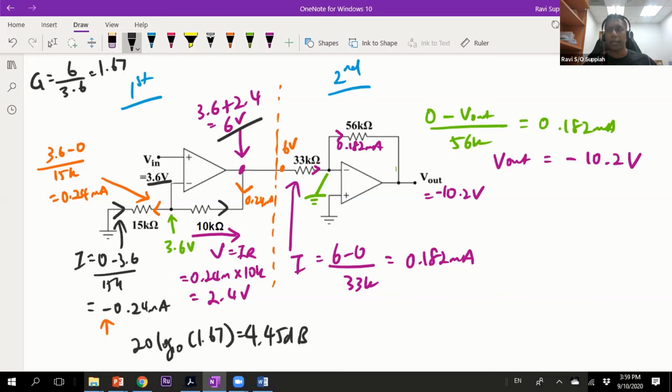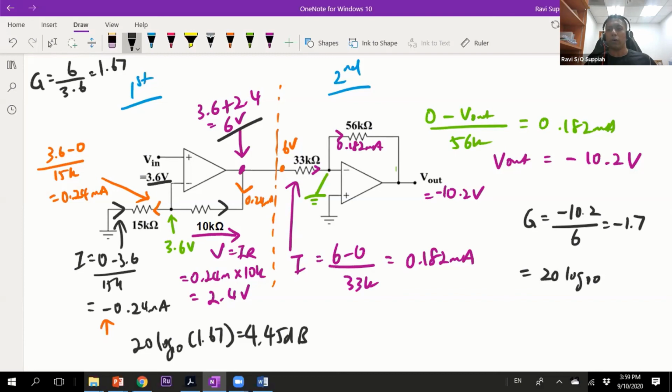For the second stage, what do you get? The gain is negative 10.2 over the input, which is 6, which will be negative 1.7. In terms of dB it is 20 log to the base 10.